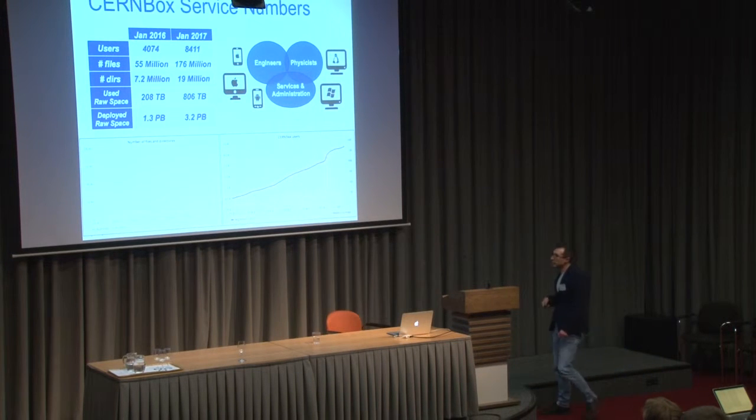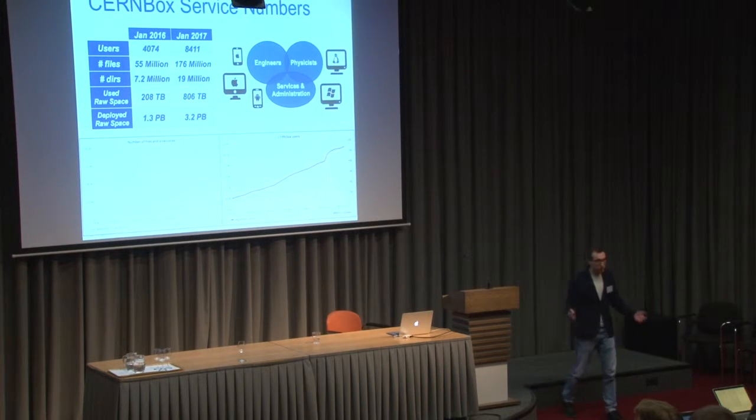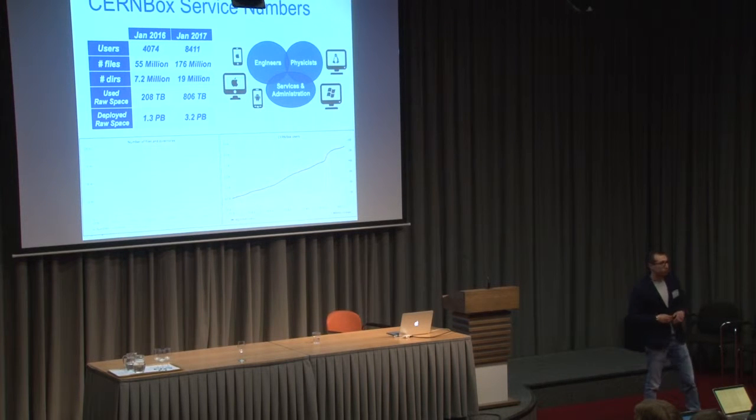The current raw space used by the system moved from 200 terabytes last year to 800 terabytes, and the actual deployed space is 3.2 petabytes. The system is not only for our physicists, but also for our administration people and for our engineers, for the services, etc. So we have a varied community.